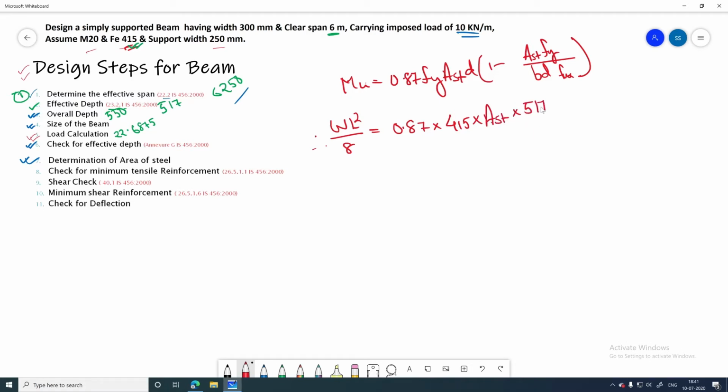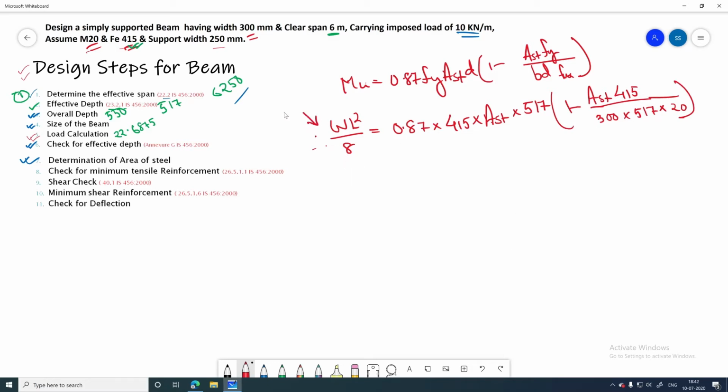D is 517. 1 minus AST, AST I need to determine. Fy 415. B is 300. D is 517, and FCK it is 20, right? So I have put all the values.